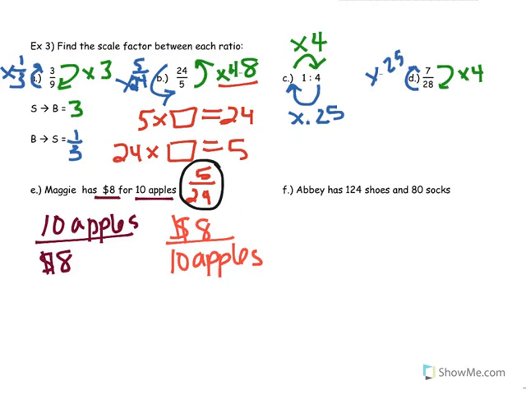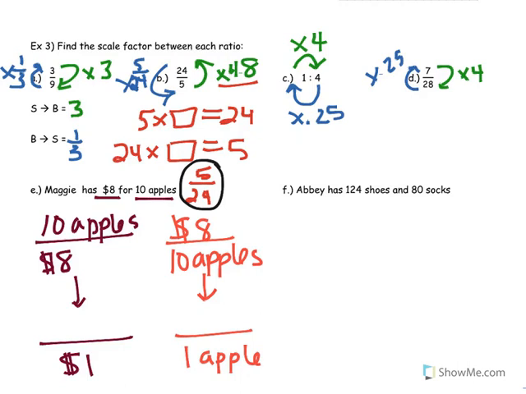I want to start talking about why this is useful, okay? It's useful because we can actually find out how many apples I can buy for $1 and how many dollars it costs for 1 apple. We call this the unit rate, and we'll use this a little bit when we solve some word problems.